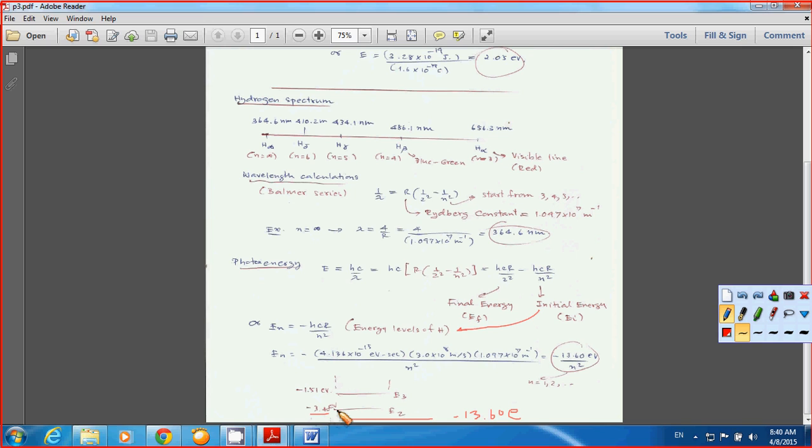And this is n equal to 3. It's going to get closer and closer for the energy levels of the hydrogen atom. Please keep in mind that the energy of our hydrogen atom becomes like this because when you use the Balmer series, you can find your energy level. E simply becomes hc over lambda when your lambda is represented by this equation.